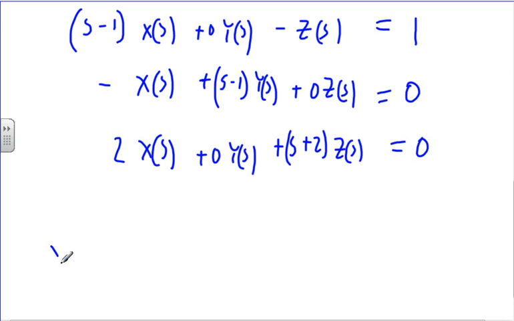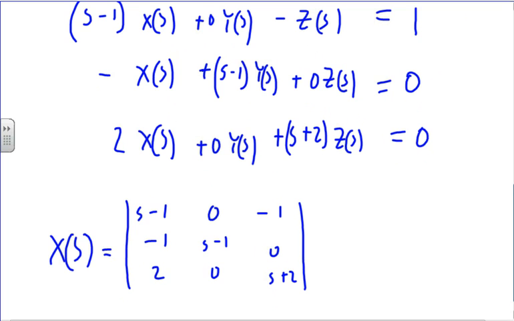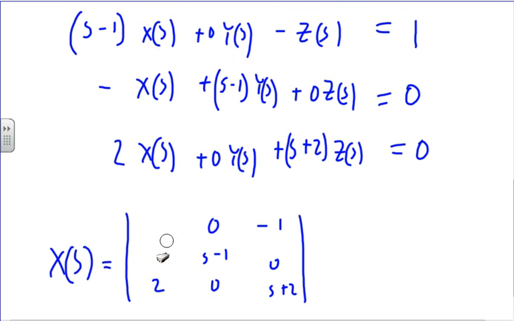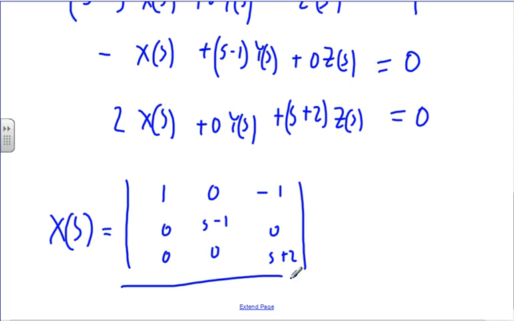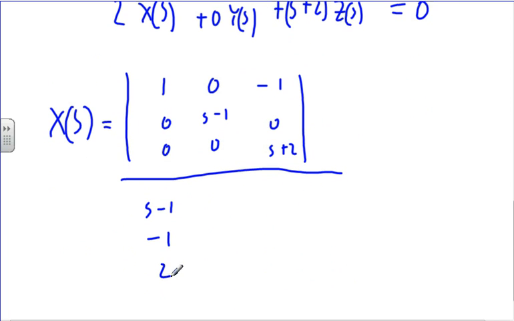And then I'm going to say x of s equals the determinant of s minus 1, minus 1, 2; 0, s minus 1, 0; minus 1, 0, s plus 2, with 1, 0, 0 in the first column, divided by the determinant of s minus 1, minus 1, 2; 0, s minus 1, 0; minus 1, 0, s plus 2. That was just so good. I just don't believe I did that.